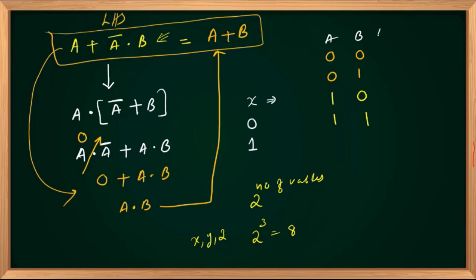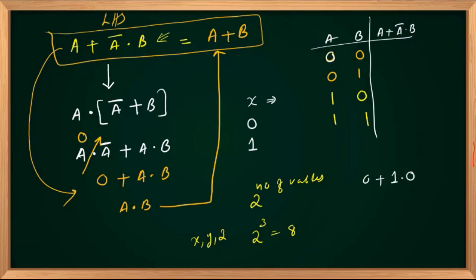So if I'm writing A plus A complement B: A equal to 0, A complement is 1 because A equal to 0. I'm trying to fill the A plus A bar B column, and dot with what is B? B equal to 0.